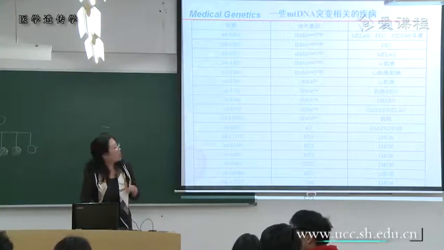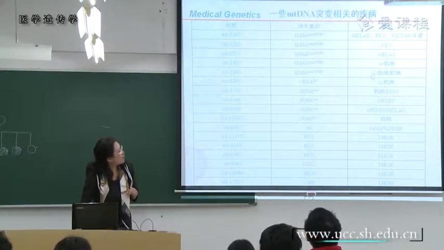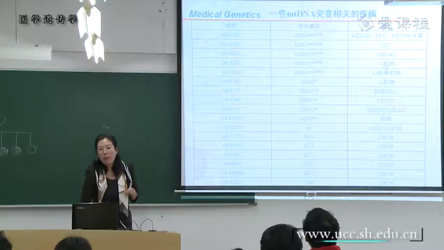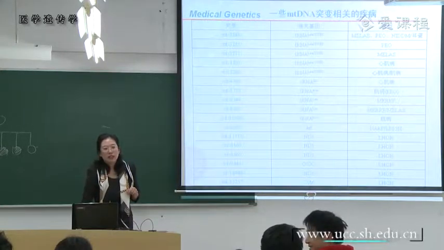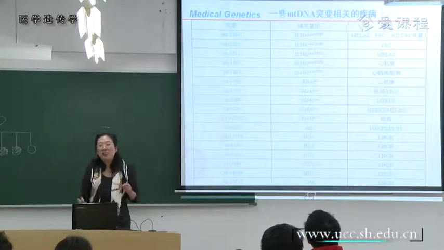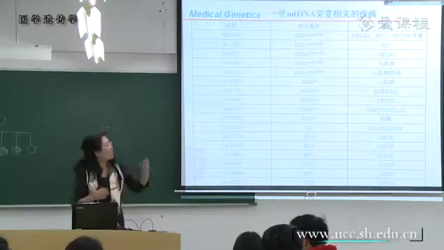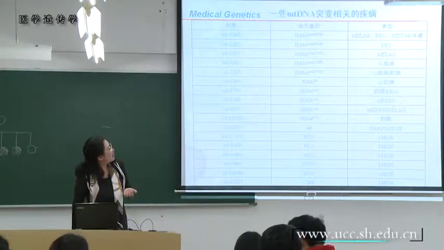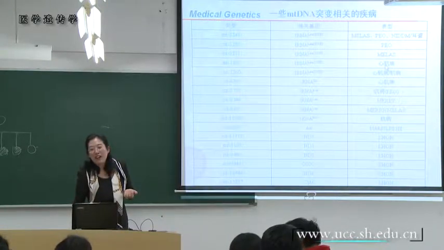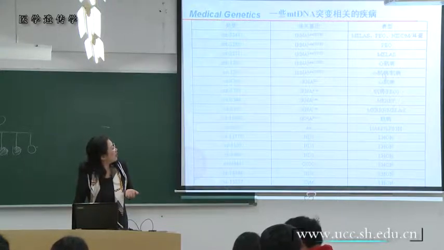If you know Chinese, what do you find? The diseases are always about muscle and heart. Like this, 心肌病, heart and muscle, 疾病, muscle. And the brain.